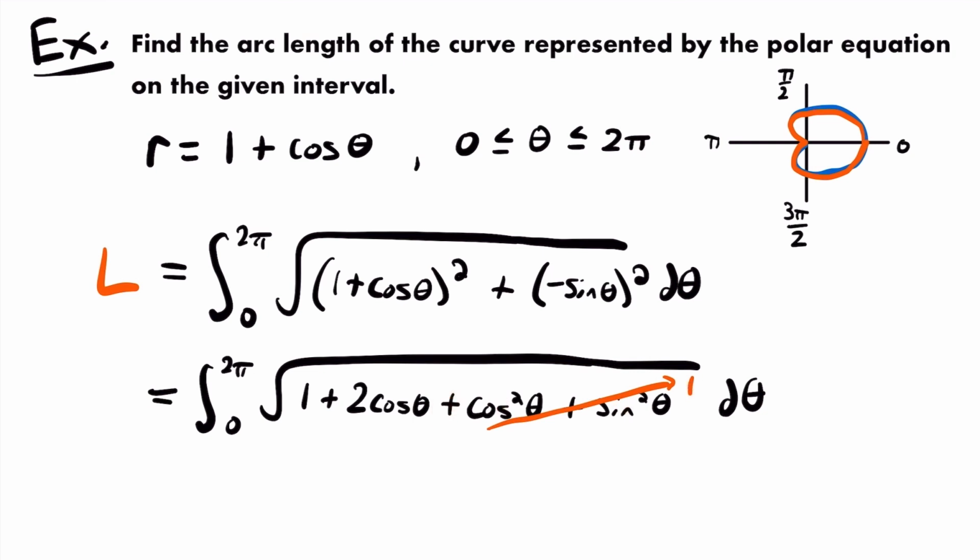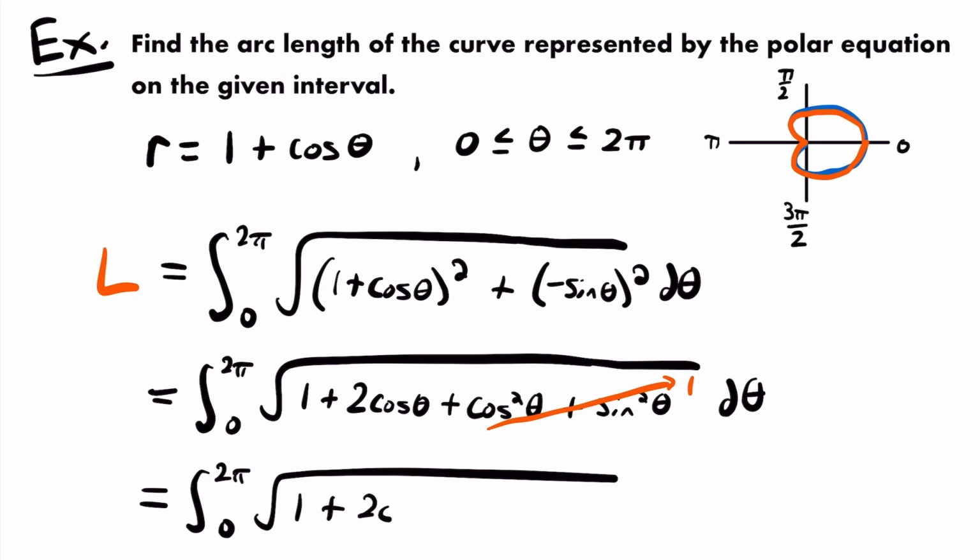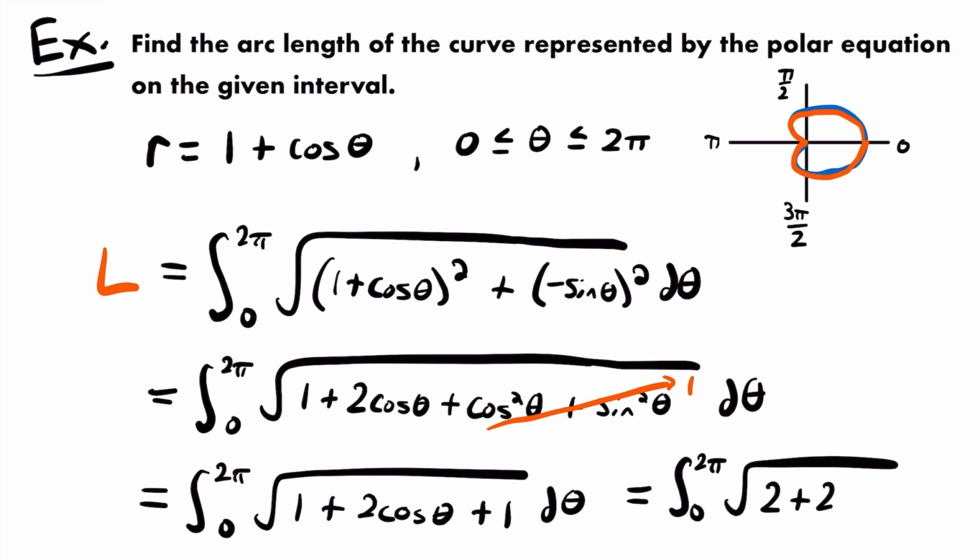So what we have here is that this is equal to the integral from 0 to 2 pi of the square root of 1 plus 2 times cosine theta plus 1, multiplied by d theta, but we can combine these two ones. We'll have 2 plus 2 times cosine theta, and so that will give us this integral, the integral from 0 to 2 pi of the square root of 2 plus 2 times cosine theta d theta.